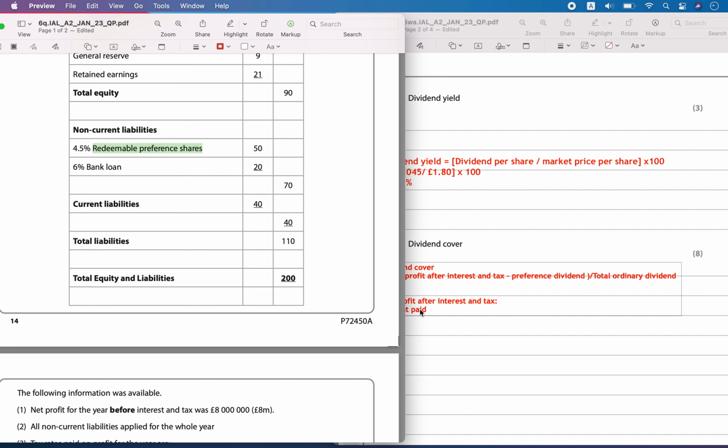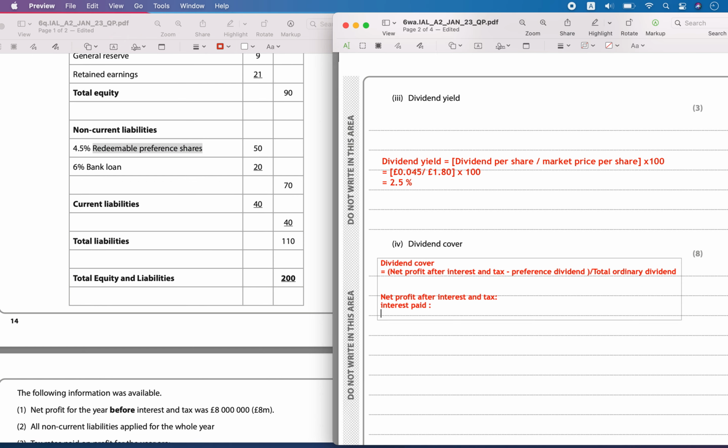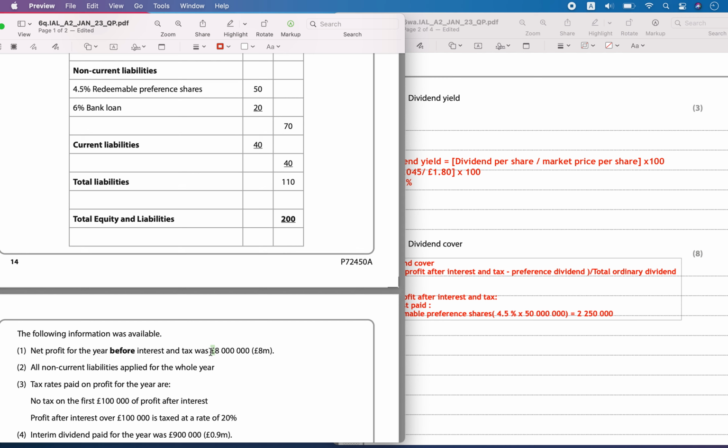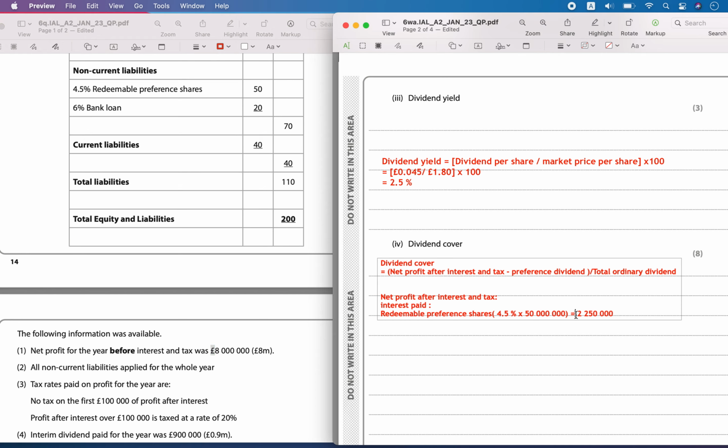One is the redeemable preference shares, whose interest has to be paid at the rate of 4.5 percent on 50 million, which is equal to 2,250,000 pounds.